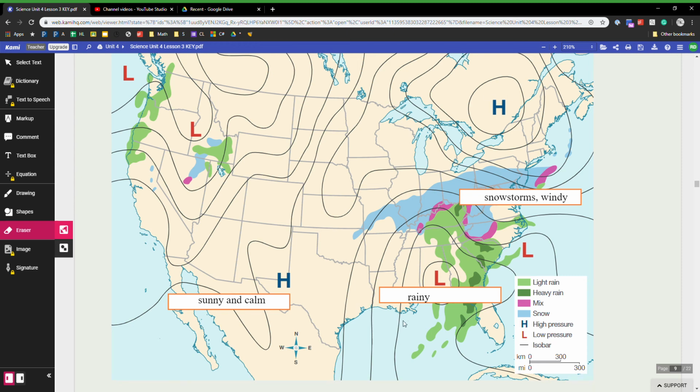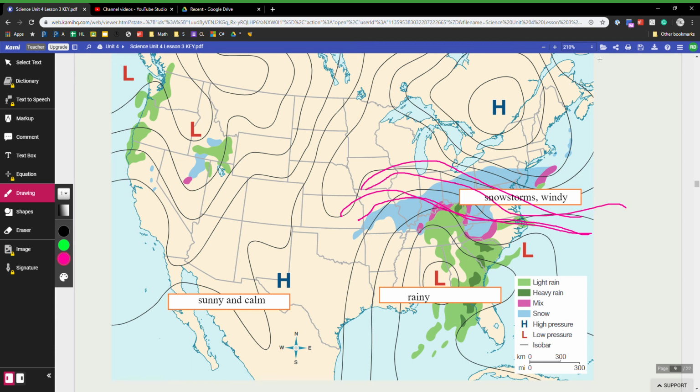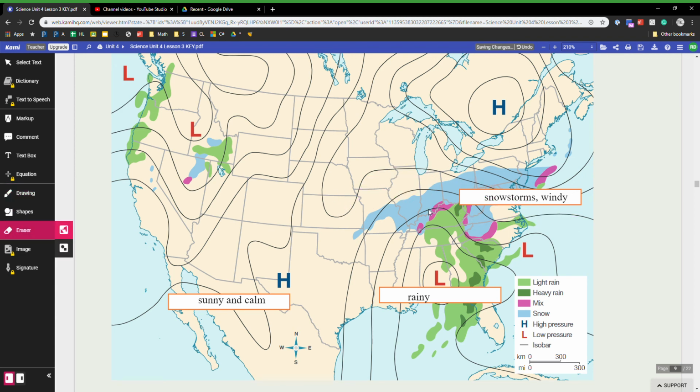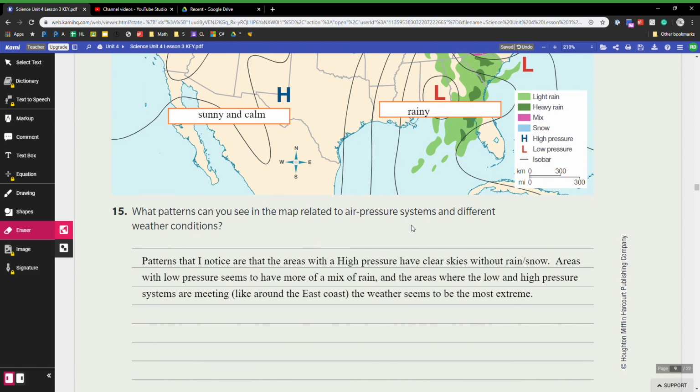Right over here, all the low pressure systems, we've got rain. Low pressure over here, we have rain. And in this area right here, where these isobars from the high pressure system and the low pressure system are colliding, that is causing all these more extreme weather conditions like the snowstorms and the wind.